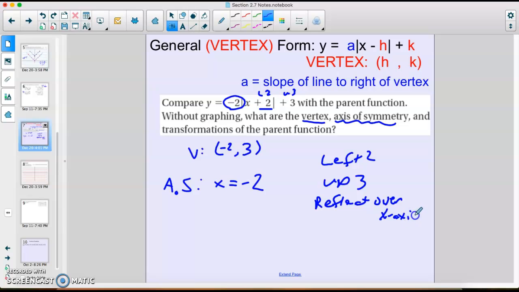And this is just following your list that I gave you earlier. And then the 2 is bigger than 1, and so it's going to be stretched. Okay, so that's our list of transformations here.